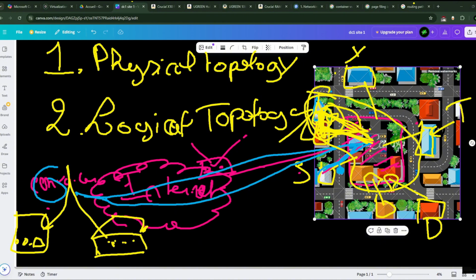So I think we did that. Yeah, the next thing that I want to show you is the different types of network topology. The one that I just showed you, if I'm not mistaken, is the star topology.